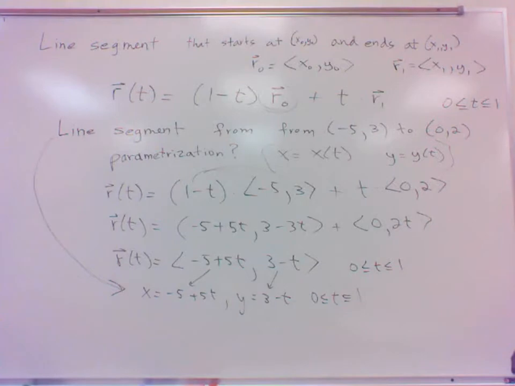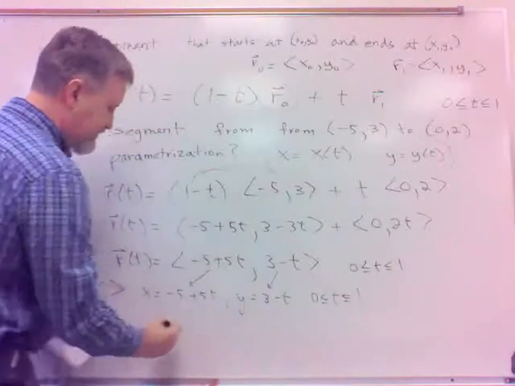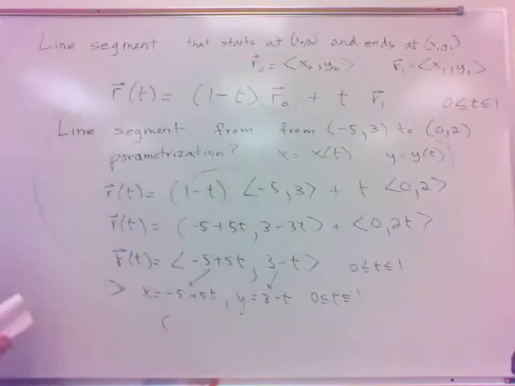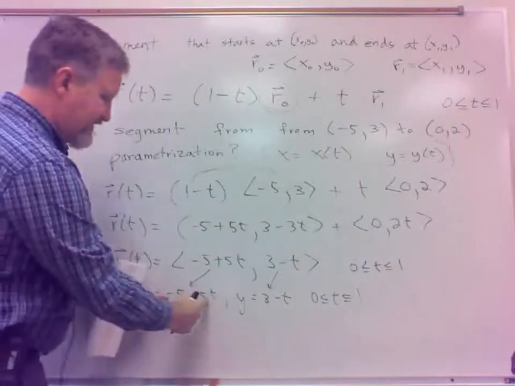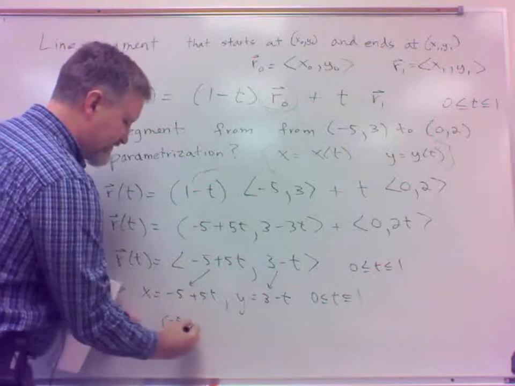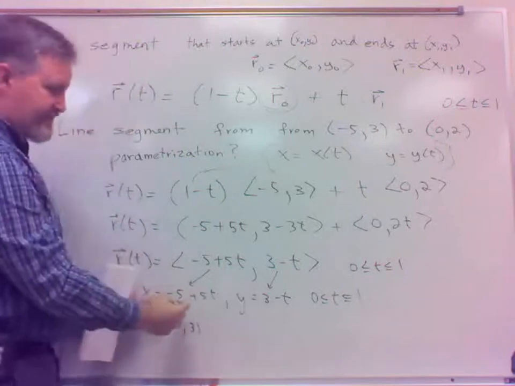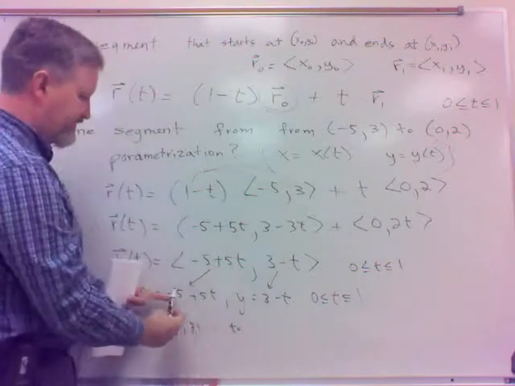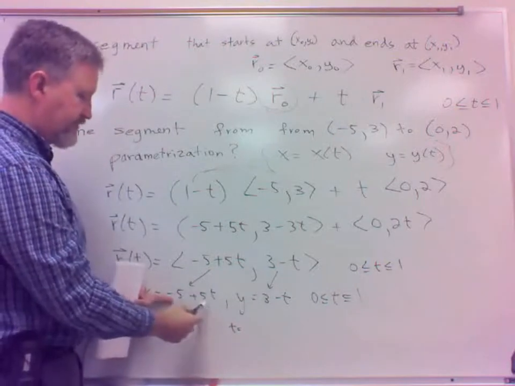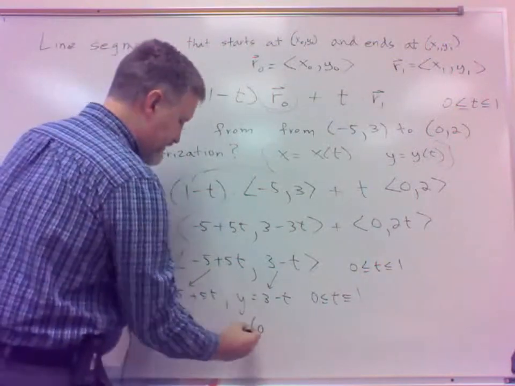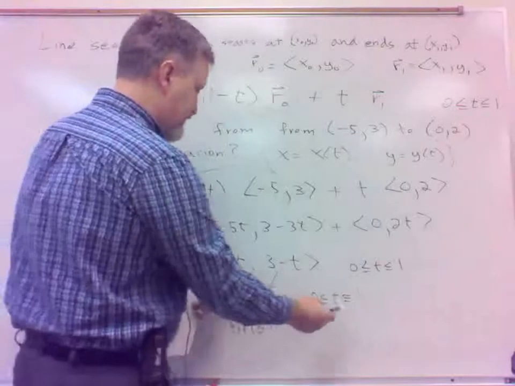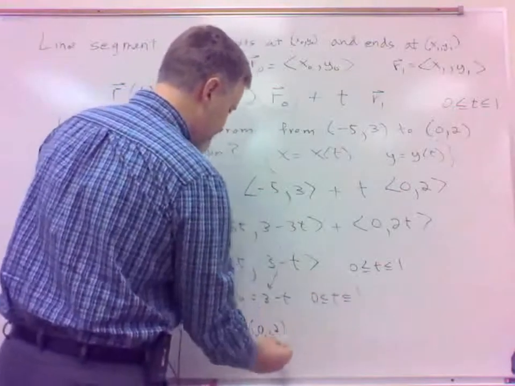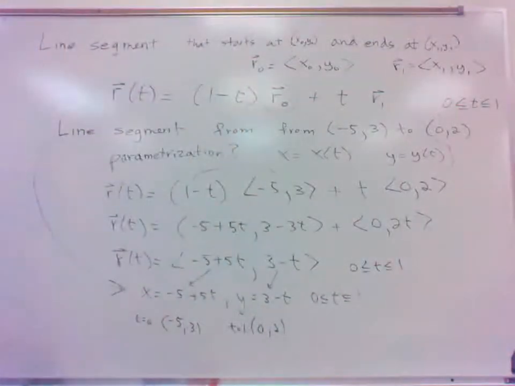Note that if we plug in t equals 0, which is our starting point, it would be negative 5, 3. And if we do t equals 1, we'll have negative 5 plus 5, which would be 0, and plugging in 1 there, you get 2. So sure enough, that goes from negative 5, 3 to 0, 2.